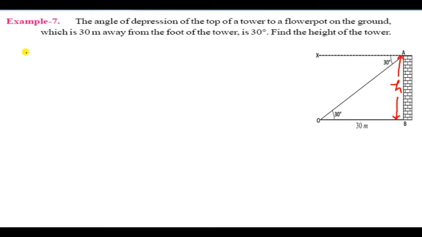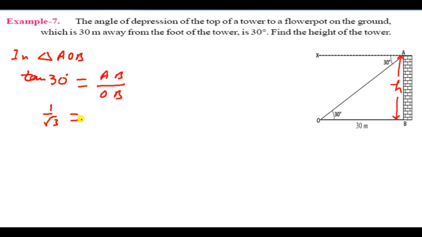So what will happen in triangle AOB? Tan 30 degree is equal to AB upon OB. Tan 30 is 1 by root 3.